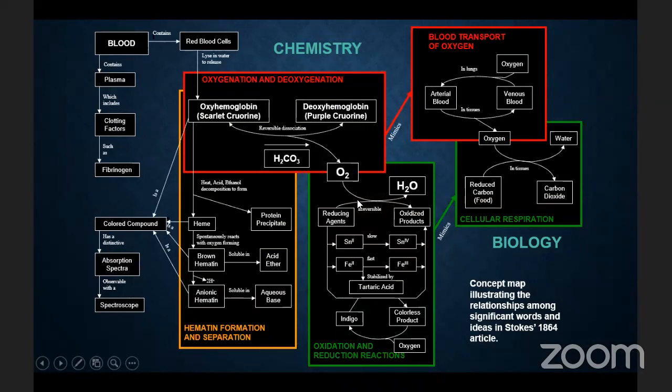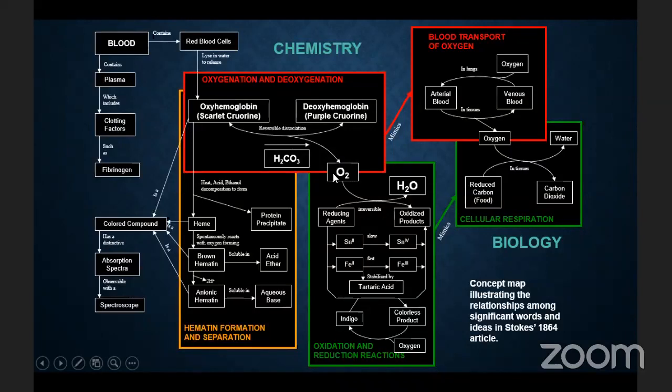Here we are connecting the process of hematin formation and separation within our blood, and oxidation reduction reactions. We are connecting that oxygenation and deoxygenation process, that means what happens in our blood, oxyhemoglobin and deoxyhemoglobin. With this concept we are connecting the concept of hematin formation and the separation process in our blood.